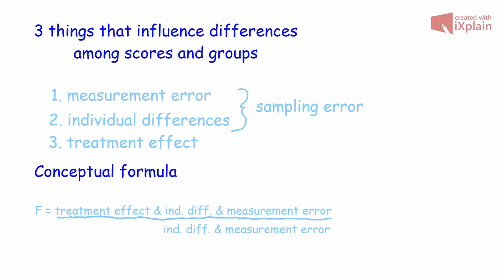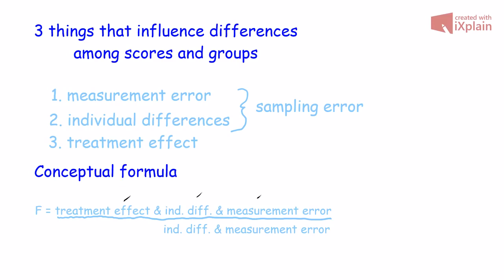The numerator of ANOVA is one number, and that one number has three things in it that contribute to the size of that number: the treatment effect, individual differences, and measurement error. So that one number on top has those three things contributing to it.